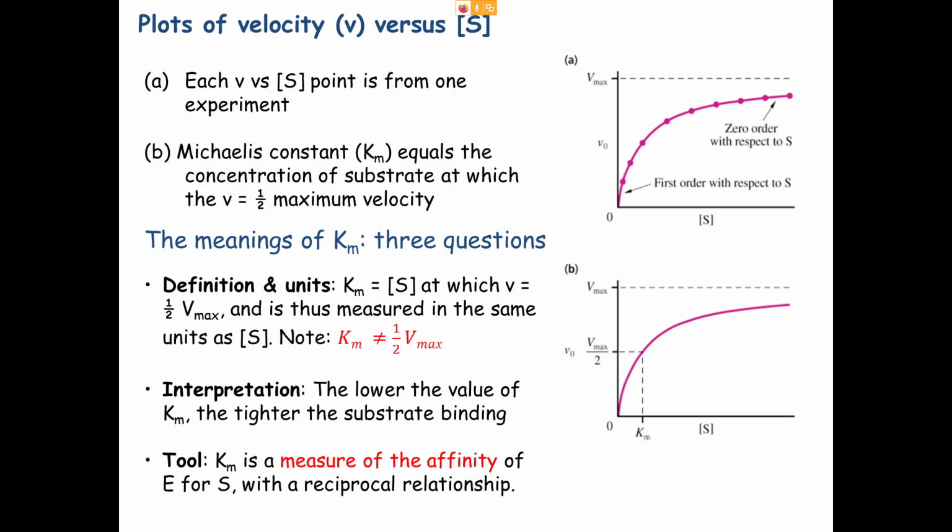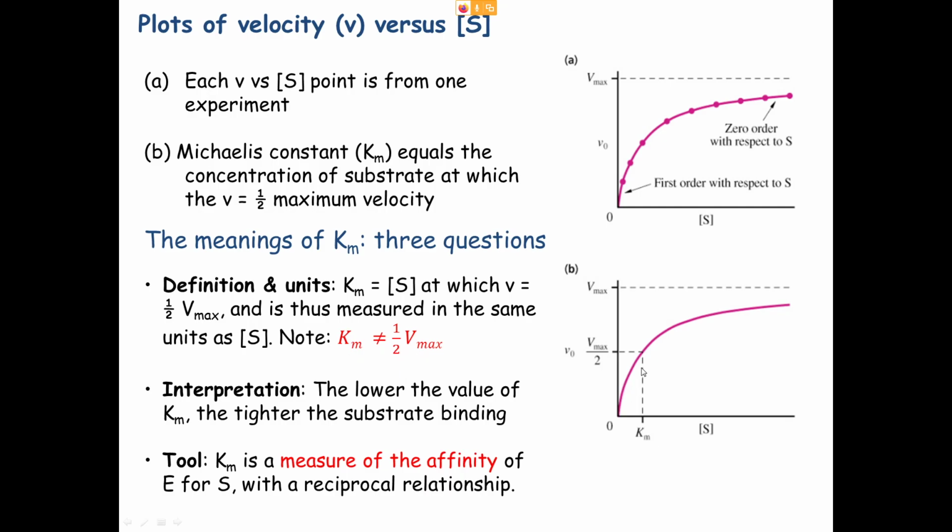That makes sense. As S approaches 0, it becomes first order with respect to S, and that's why it's still dependent on a number. As S equals Km, I get a single number. It's not a limit anymore. So when S equals Km, the velocity, or V naught, equals 1/2 of Vmax, or Vmax over 2. This does not mean that they're equal to each other. Don't tell me that. It's not true.